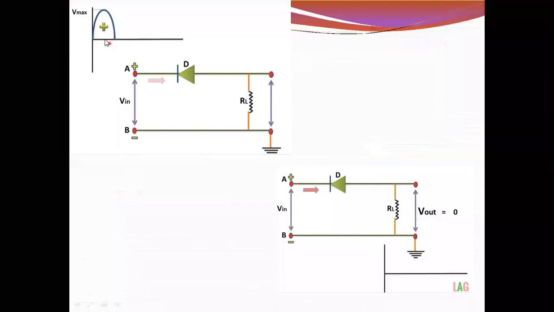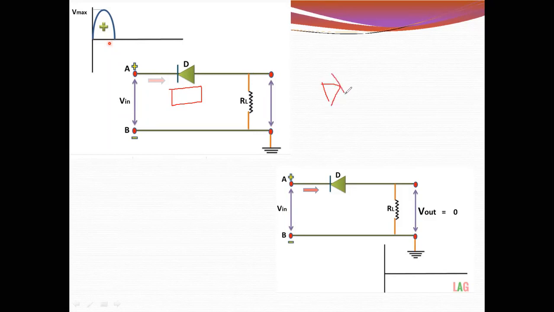When you apply this positive amplitude to this circuit, then by observing this figure, how can you say whether it is forward bias or reverse bias? Actually, forward bias. How can you say? Actually, what is the symbol of the diode?